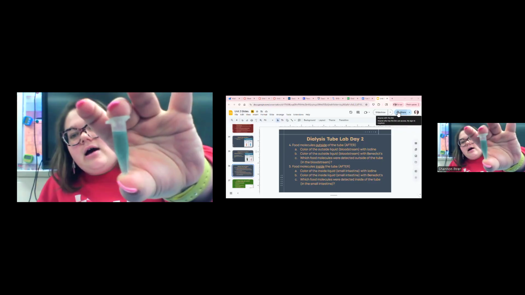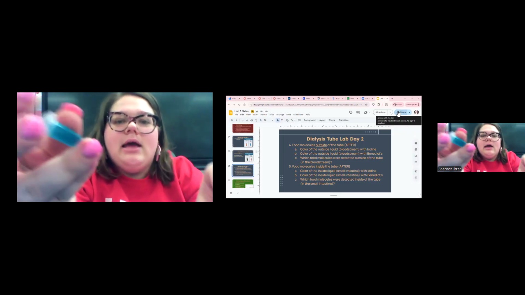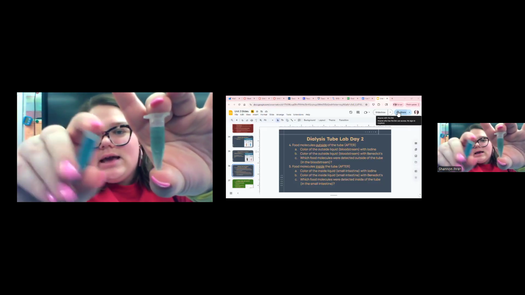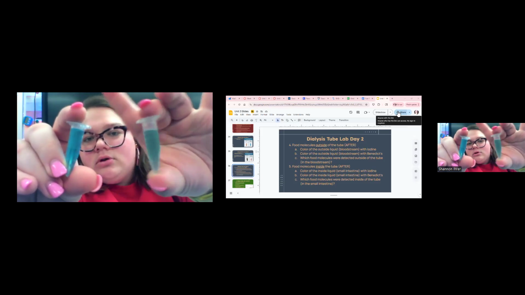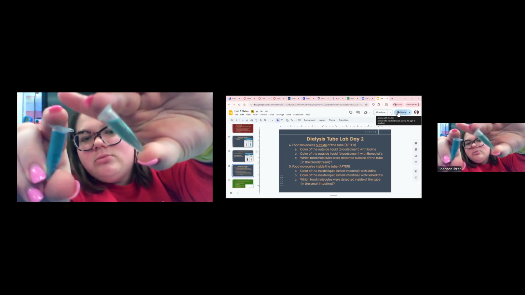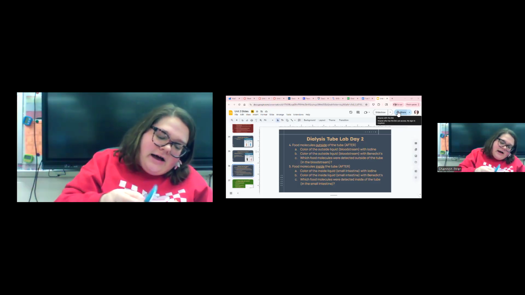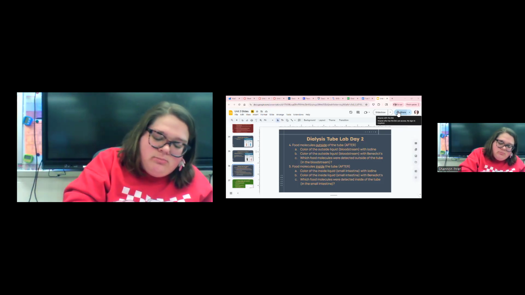This is the color of our Benedict's, and this is just Benedict's in water. You can see how this one has gotten pale, and it's turning almost green. So color of outside liquid with Benedict's, I want you to write greenish blue.